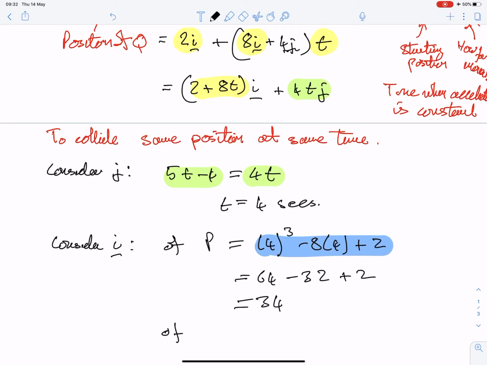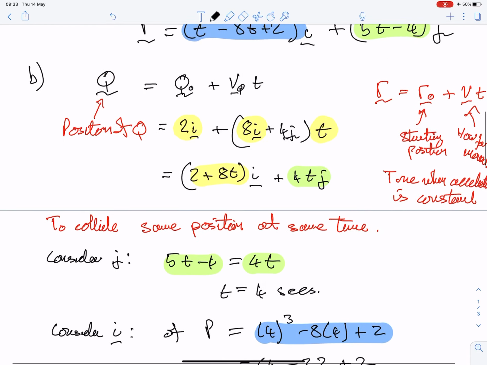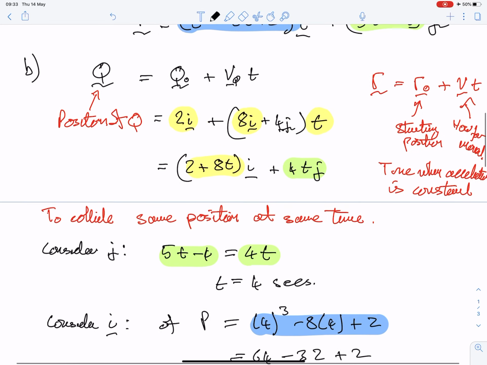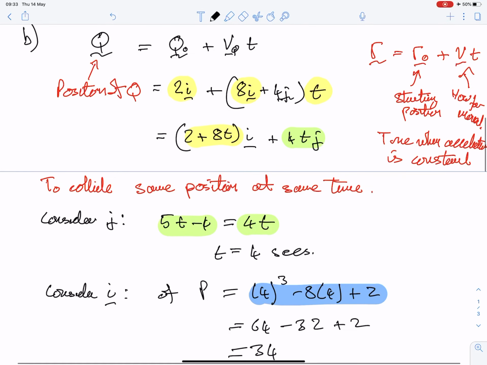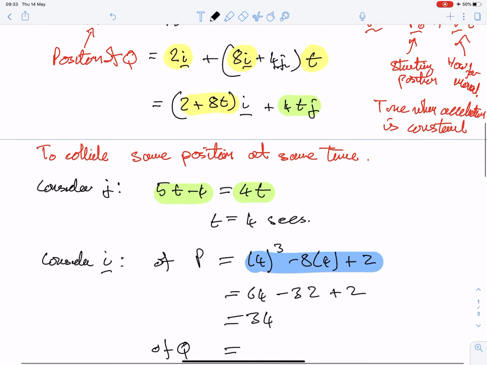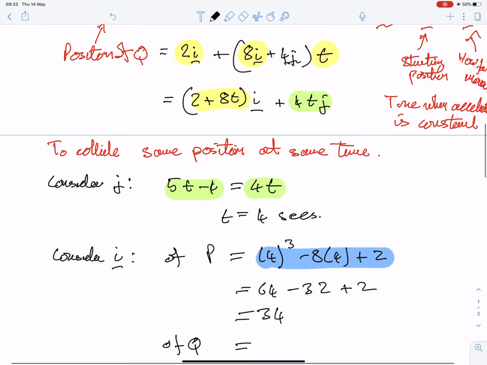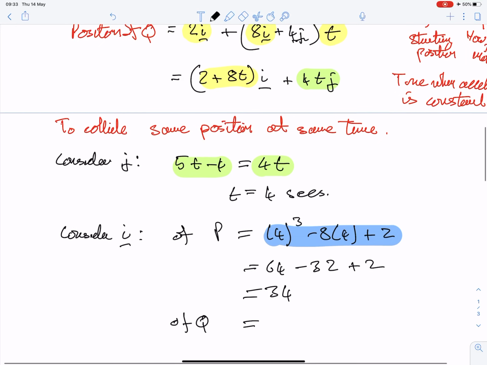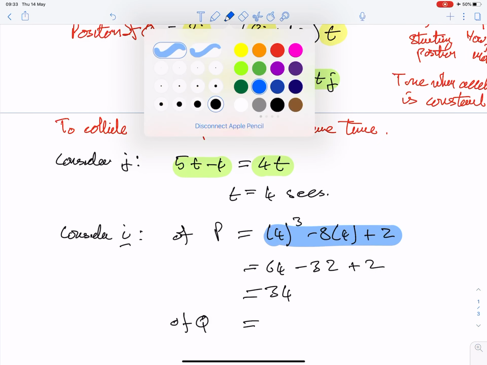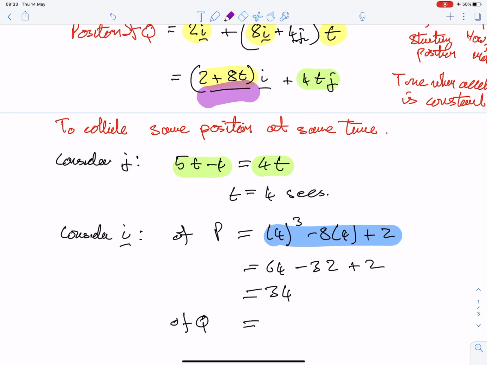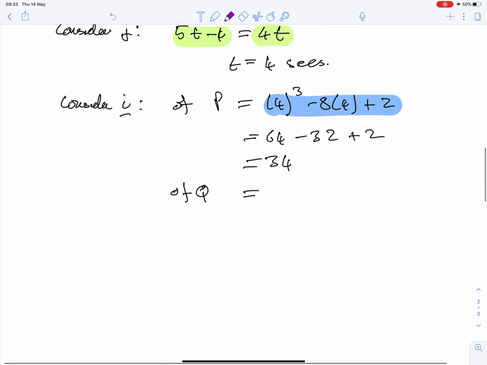Now if we think about Q, where's the equation? For Q, the j component, sorry, the i component is 2 plus 8t. Yeah, that's this bit here. 2 plus 8t.